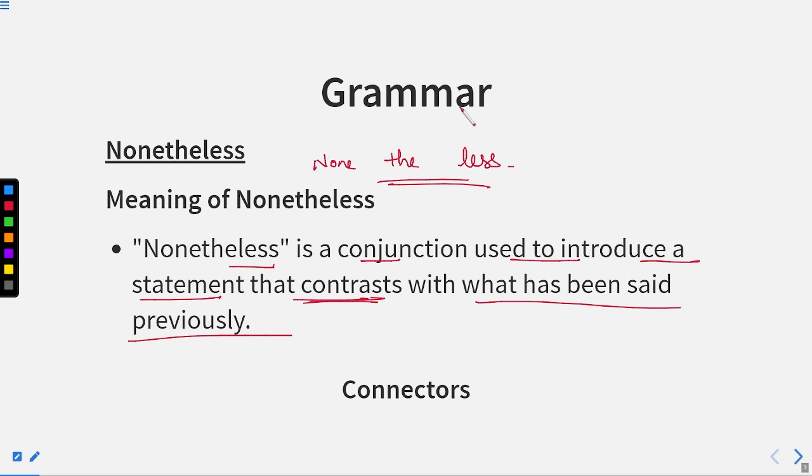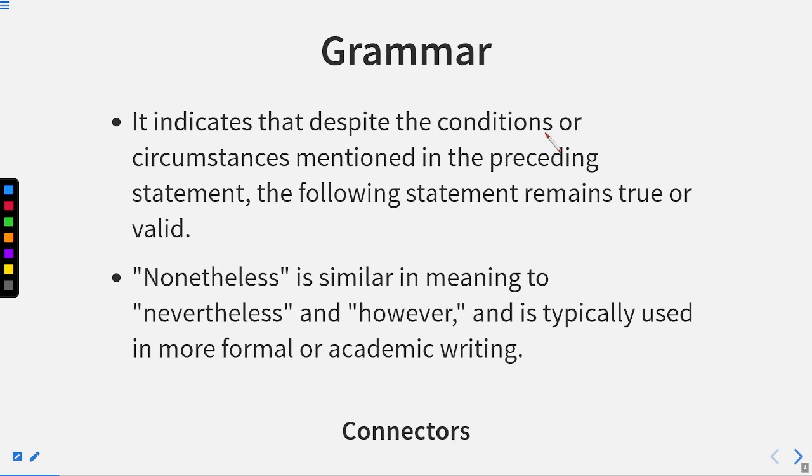It means we have this information, then we have nonetheless, and then we have this information. So this information does not get affected just because of this. Both of these do not affect each other, or you can say they are contrasting in nature with each other.